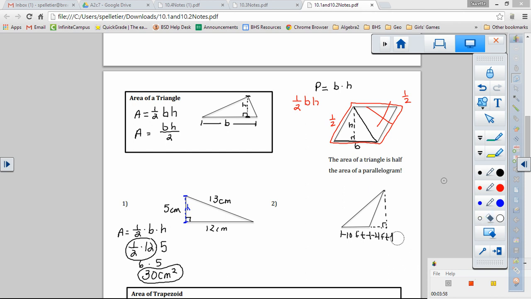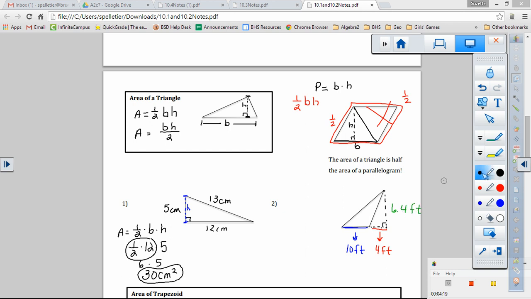Let me fix that. It's really difficult to read. Let me do this instead. This is 10. Okay, and then this is 4. Is that better? Easier to read, I hope. And then we have this segment over here, which is 6.4 feet.